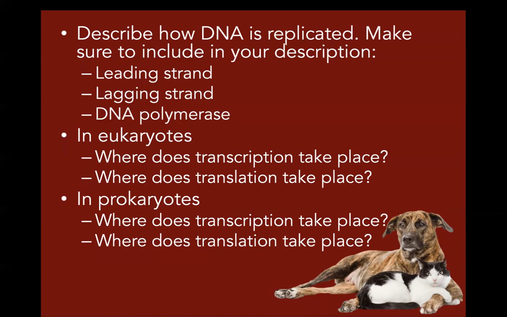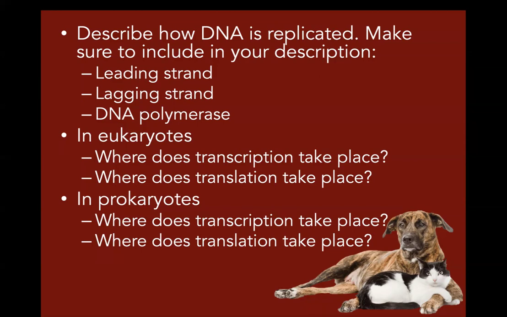I love DNA replication. Okay, are you going to tell us about it? Okay. All right, so let's see. The two strands are separated from each other, and then DNA polymerase comes in and adds nucleotides to one of the strands, but the other strand is going the wrong direction.